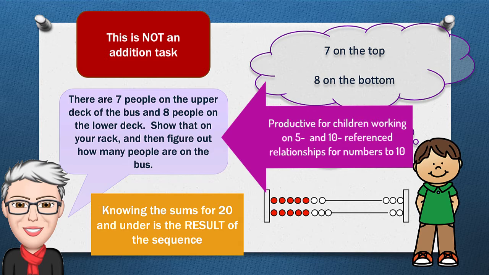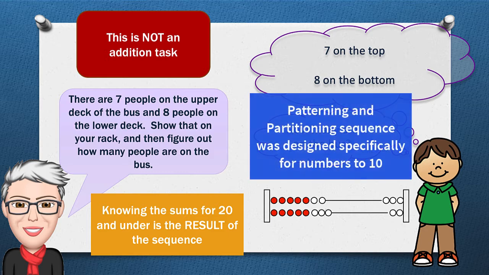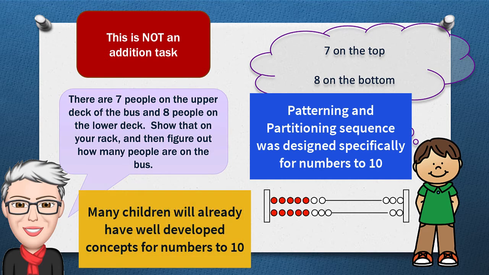Remember that the patterning and partitioning sequence was designed specifically for numbers to 10. So we would expect that many children will already have well-developed concepts for these small numbers. A number of children will show 7 on the upper deck by moving the 5 red beads as a group and 2 white beads as a group.